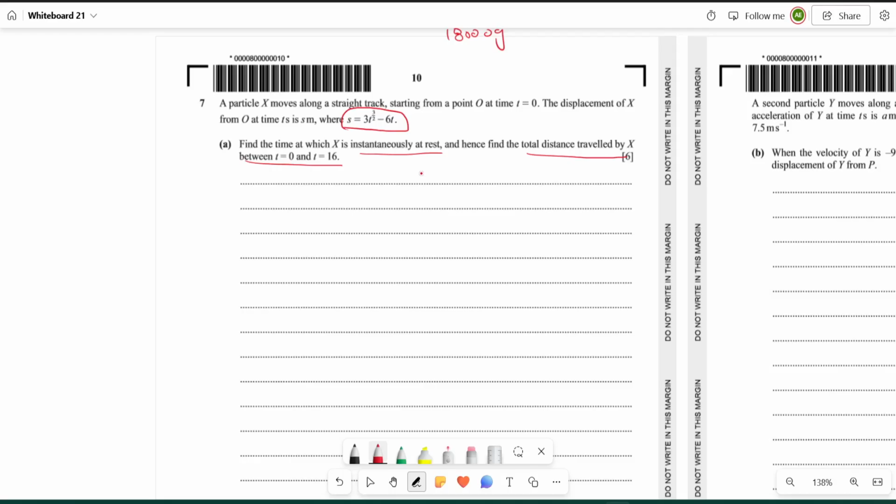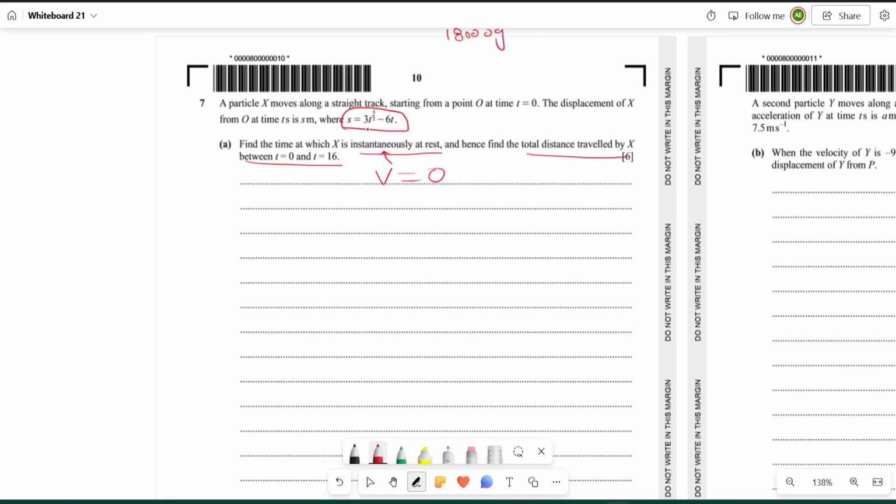So let's see how we can solve that. Instantaneously at rest means what? It means that my velocity is equal to 0. The word instantaneously tells you that we want the exact value at this instant, and this usually refers to differentiation.